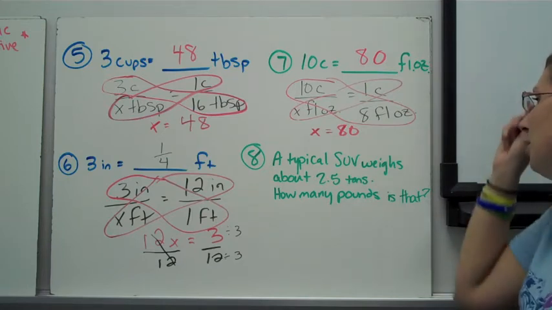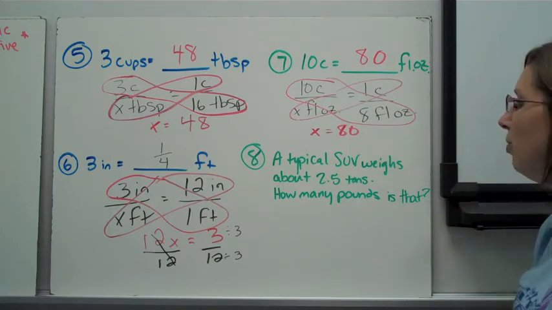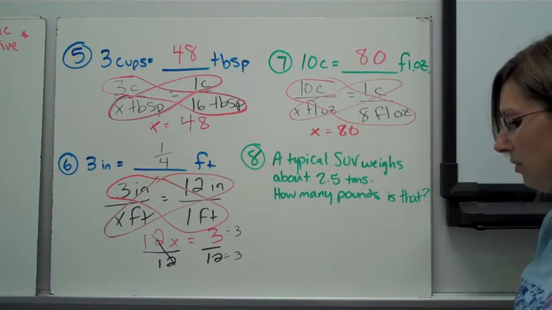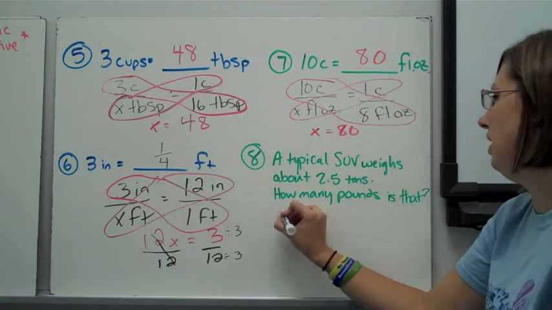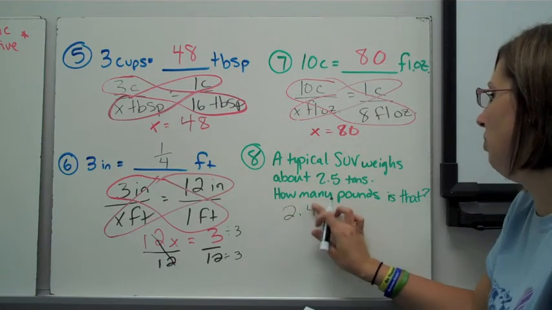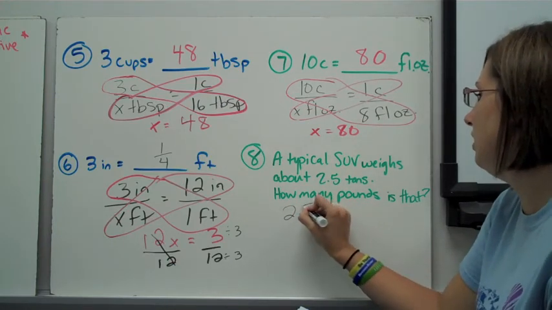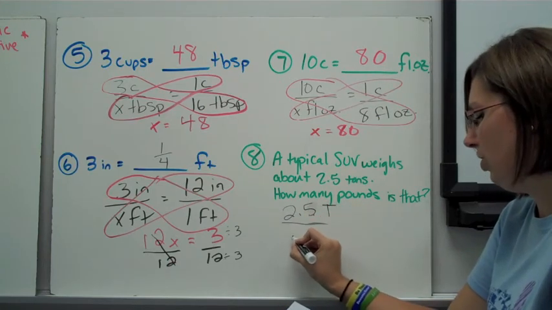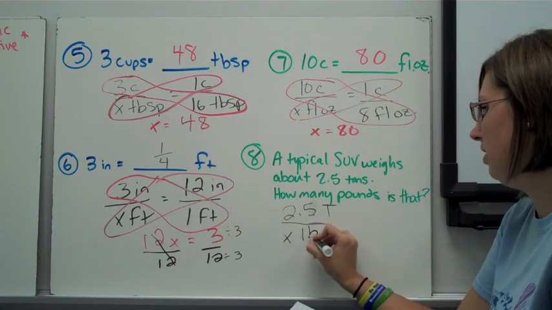Number 8, a typical SUV weighs about 2.5 tons. How many pounds is that? Well, I'm looking to see how 2.5 tons translates to pounds.